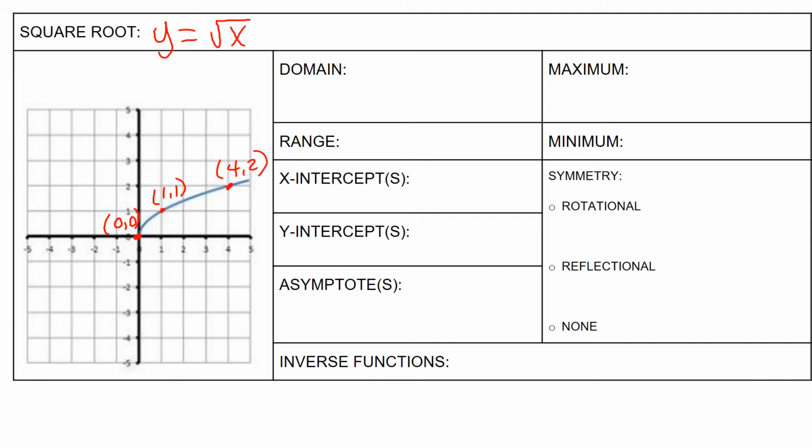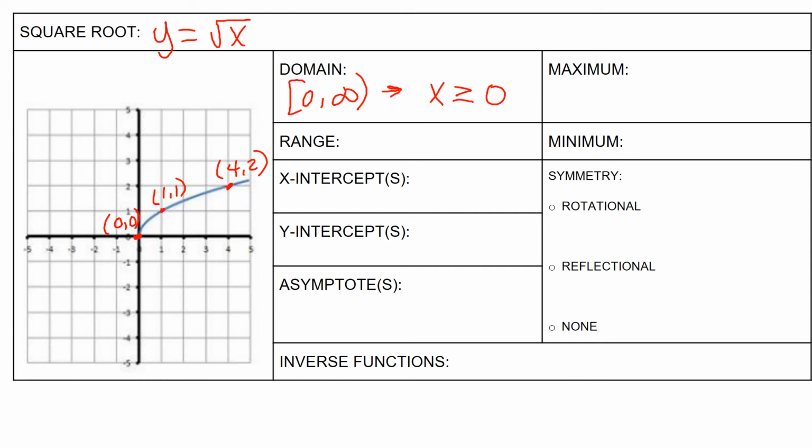The domain. This time, there is a specific starting point, right? I do not go on forever to the left. I have a starting point. So where do I start? At 0. So my domain is from 0 to infinity, or I can write it as x is greater than or equal to 0. Agreed?